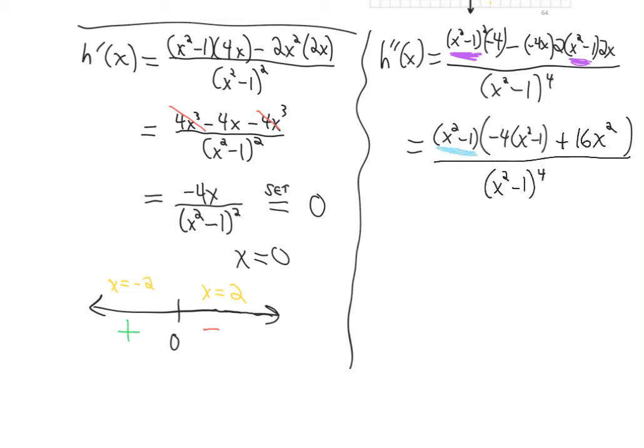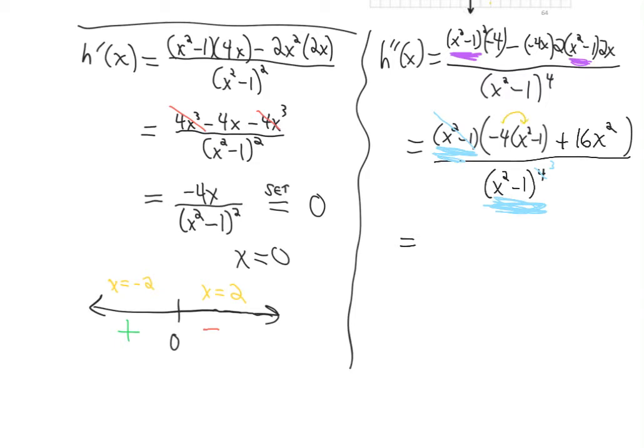So again, I have a common factor in the numerator and in the denominator, so I can eliminate those common factors. And I'm going to multiply things out here.